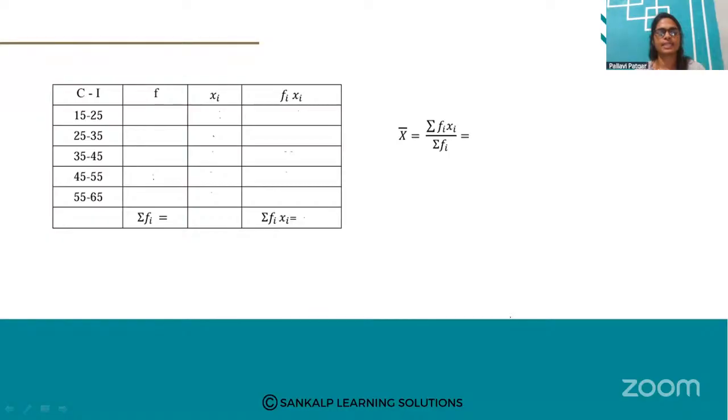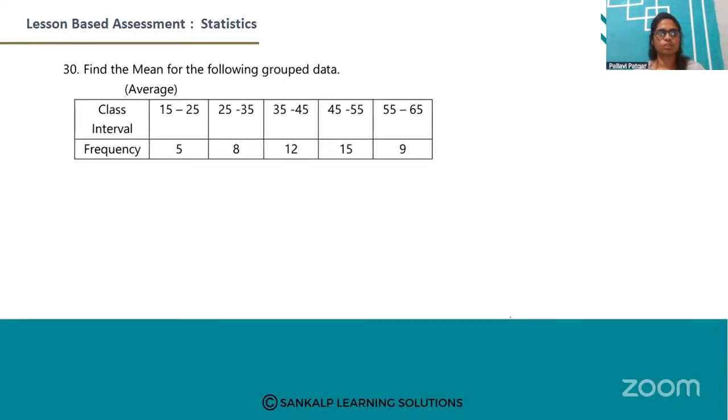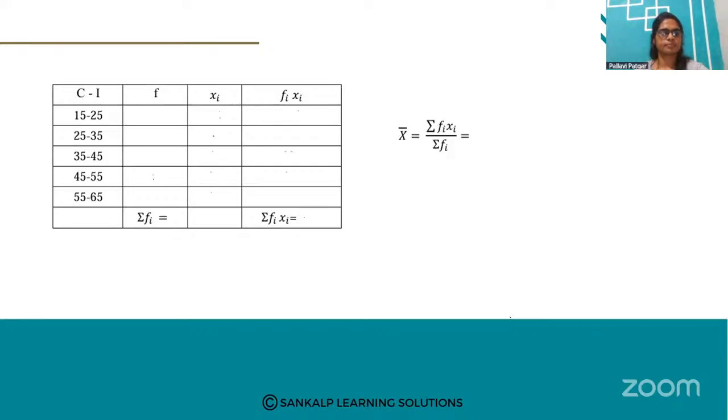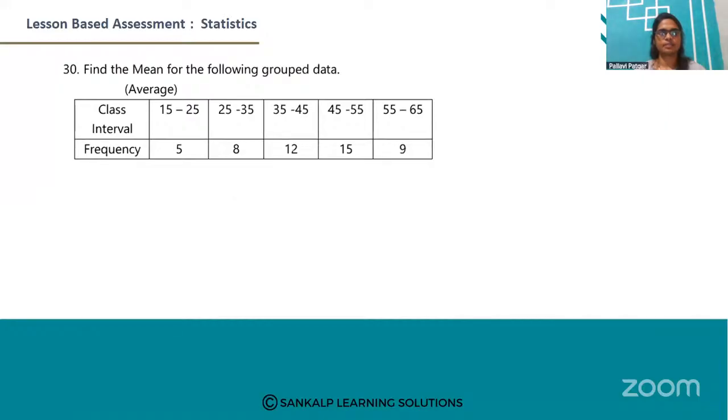So we calculate as lower limit plus upper limit divided by 2. So here frequency is 5, 8, 12, 15, 9.